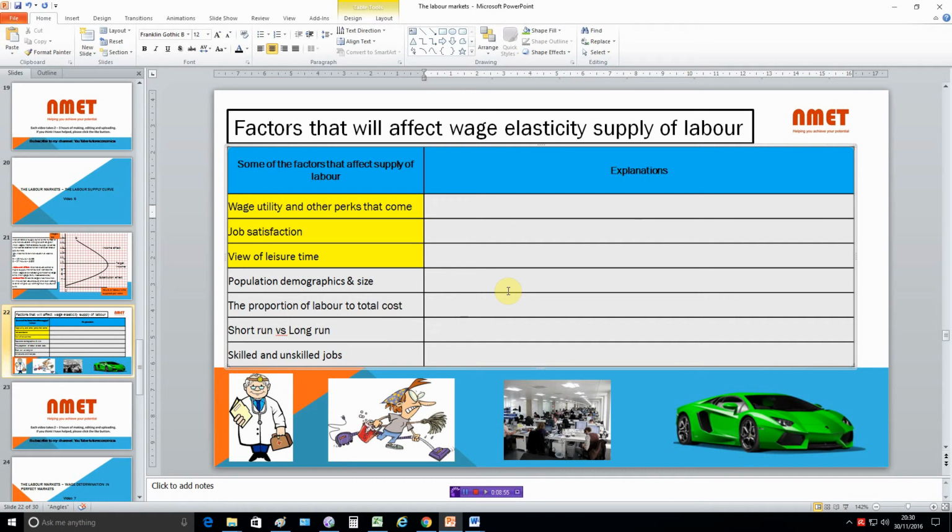If that job is giving you a lower wage, your total utility will fall, because you can't buy as much. And there are other perks, like cars, number of holidays, work days, and sickness pay in the UK.